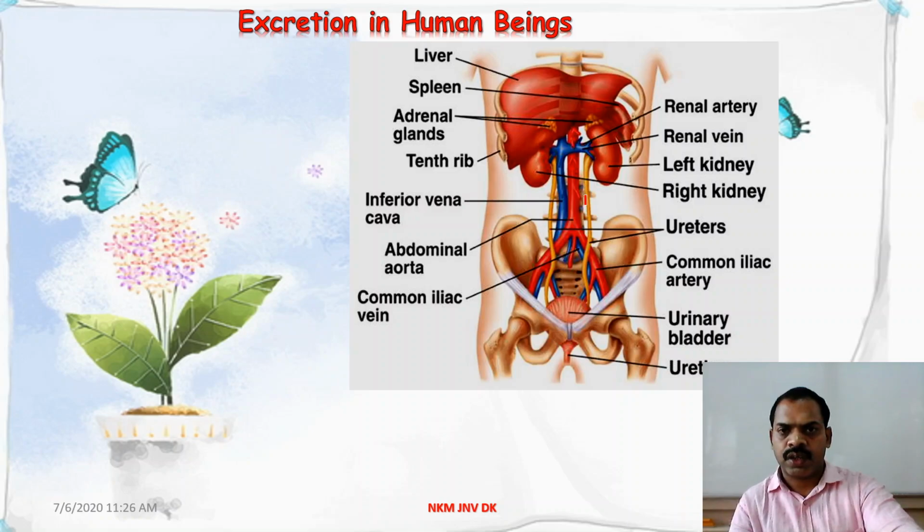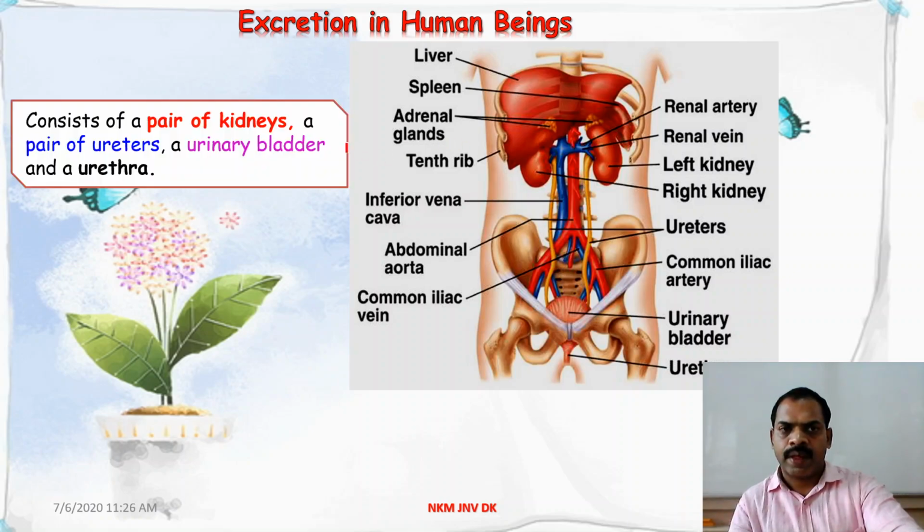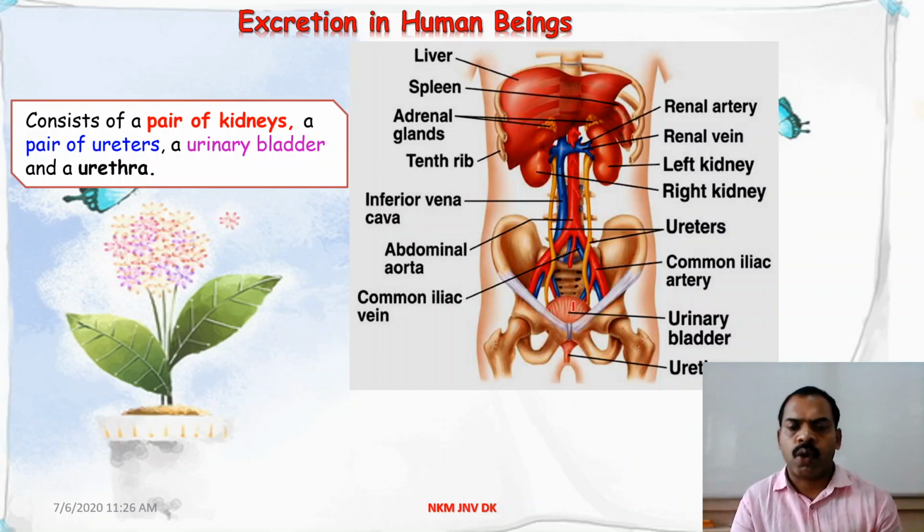We can see here a pair of kidneys, left and right, a pair of ureters connecting to the kidneys here, and a urinary bladder. The bladder is located here, and the urethra, the opening of the bladder, is called the urethra. So these are the components of our excretory system.